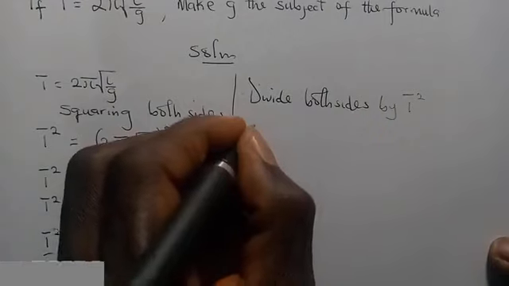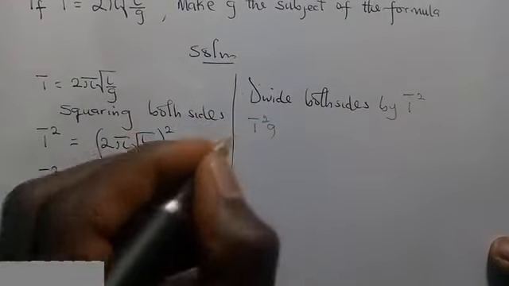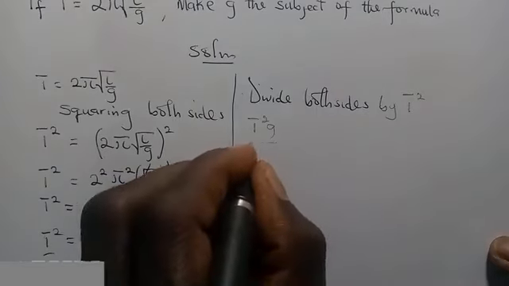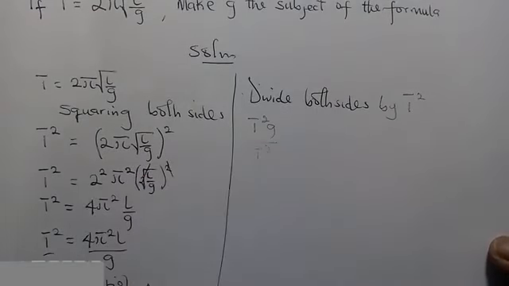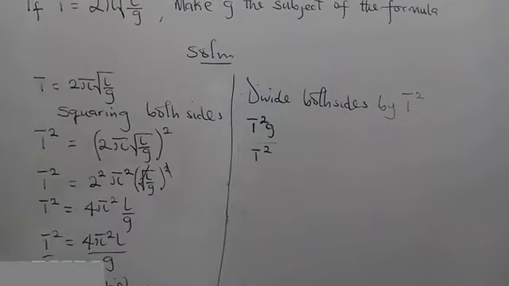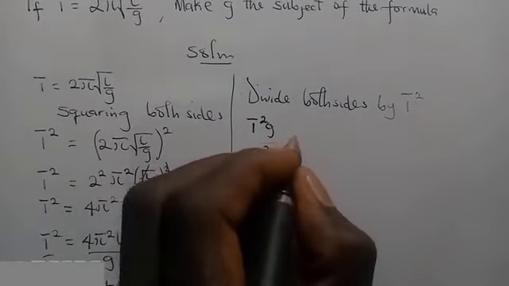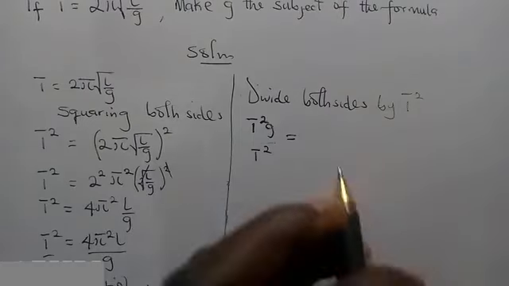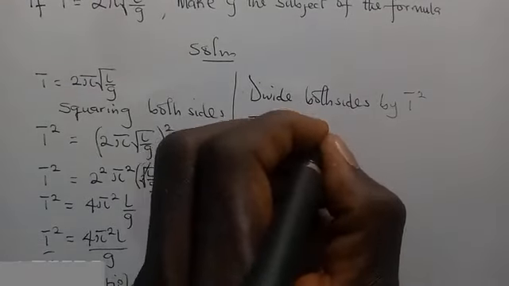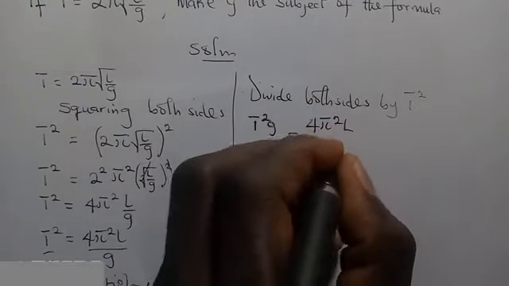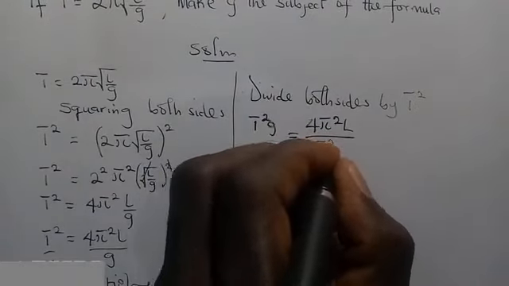And doing that, we'll have T square G divided by T square, and this is equal to 4 pi square L also divided by T square.